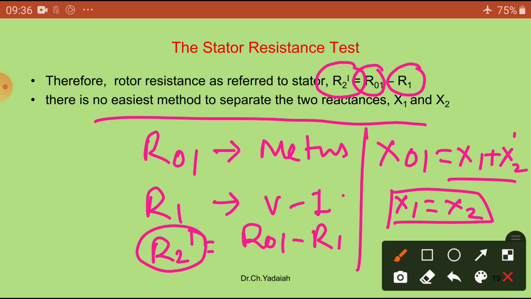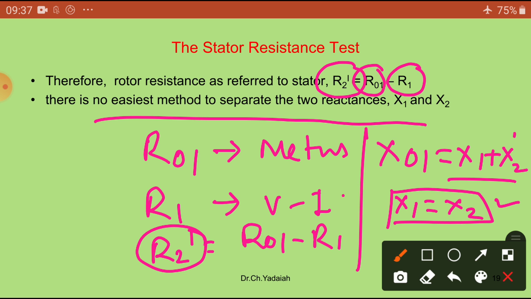In most of the motors, X1 and X2 dash are assumed to be equal. This can be used while drawing the circle diagram. You can observe this. Otherwise, the X1 and X2 values will be given in the problem. If they are not given, then you simply divide by 2 and take them as equal values.